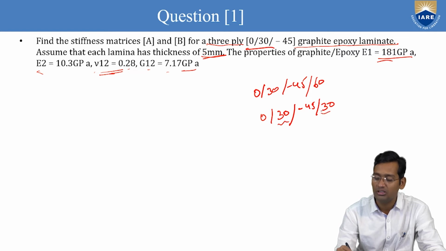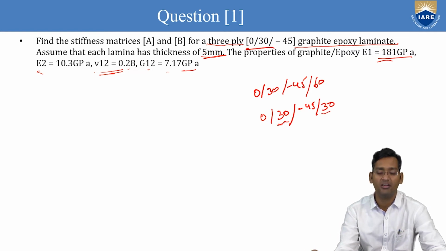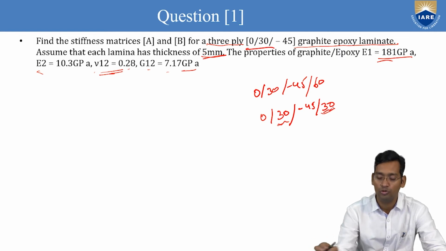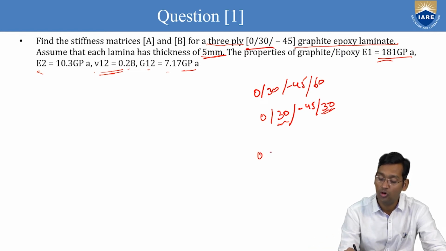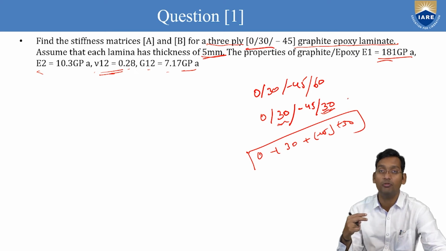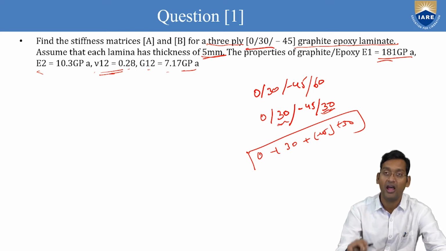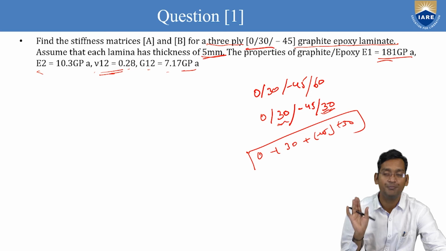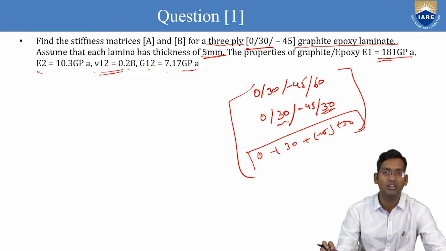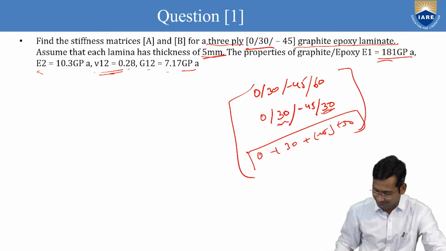Just take whatever the matrix is, that is the stiffness matrix, the reduced matrix, just the same for both, but finally adding 0 plus 30 plus minus 45 plus 30. After substituting and applying, what will be the reduced matrix? That into Hk minus Hk minus 1 you have to find. Then only you will get the matrix A.